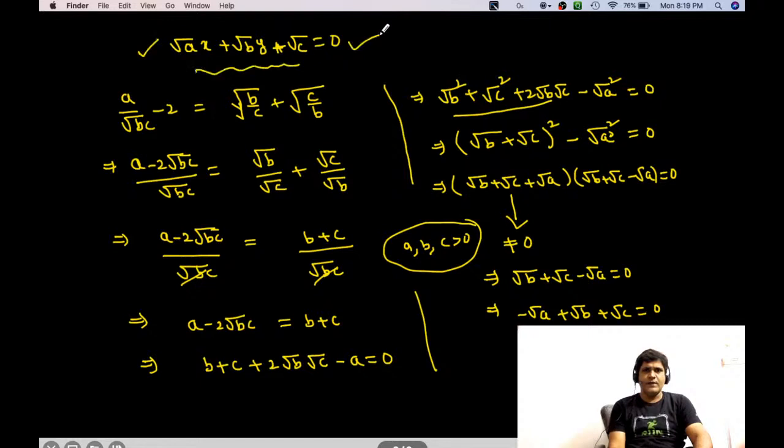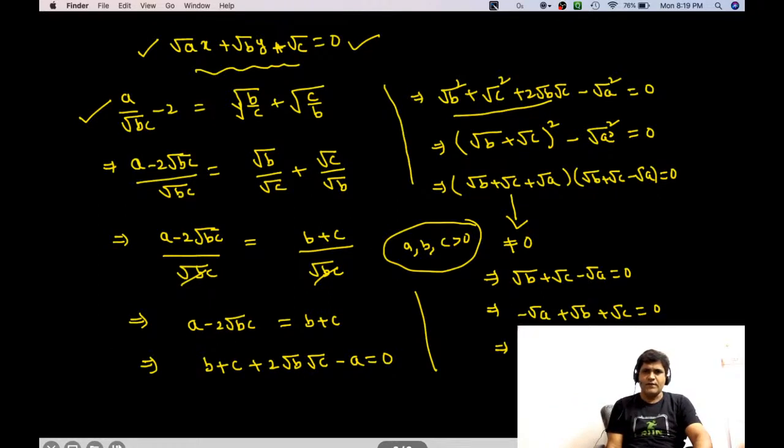In the given family of lines, what is the constant? Root c. Here in the given condition, root c. Make these two terms the same, then you compare. This can be written as root a into minus 1 plus root b into 1 plus root c is equal to 0. This is the given condition.